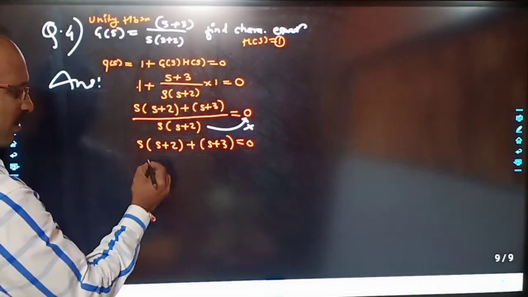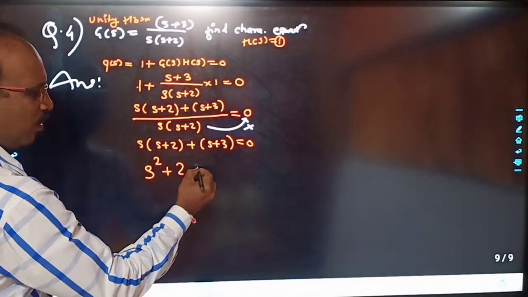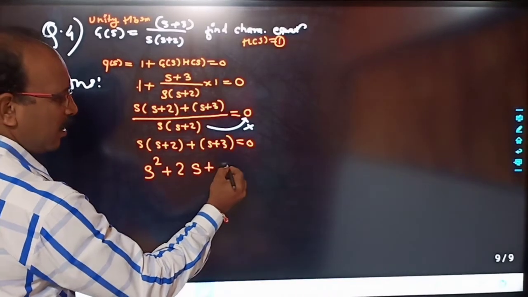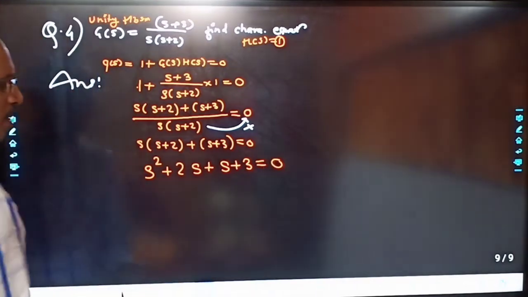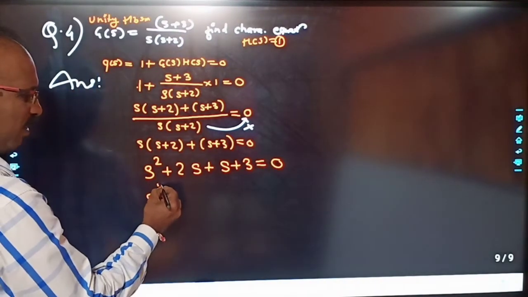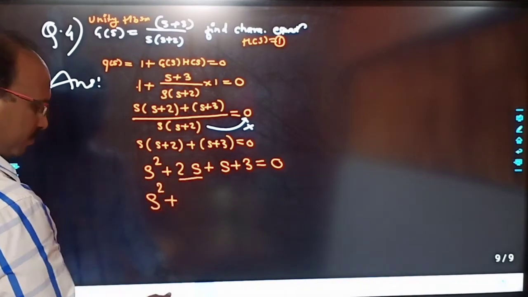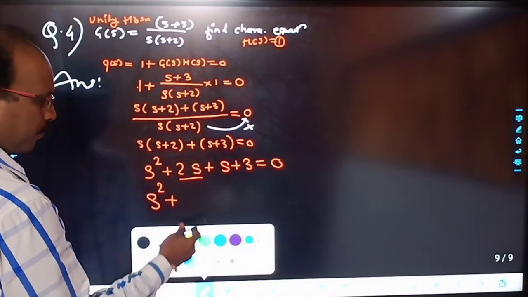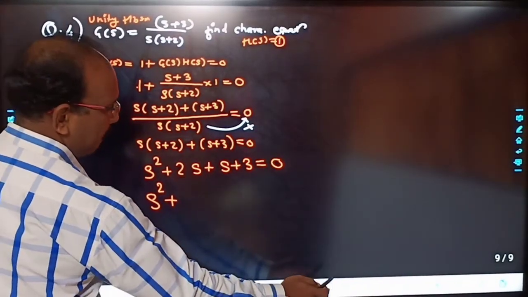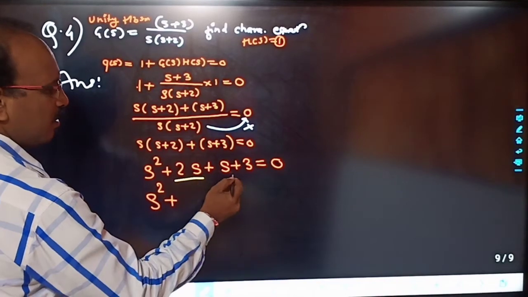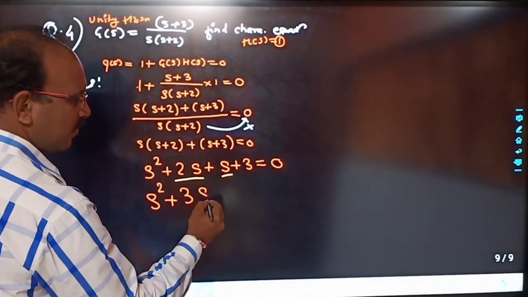Now I will solve this: s square plus 2s plus s plus 3 equals 0. So there is only one s square, and 2s plus s is 3s, plus the constant 3, equals 0.